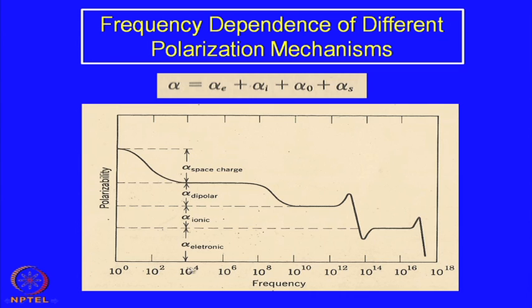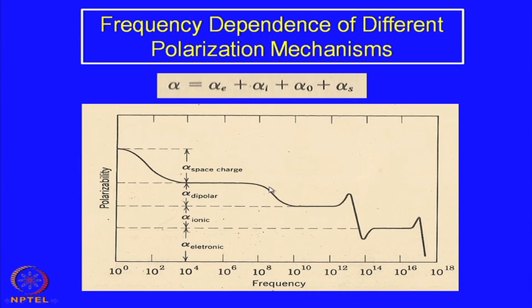Whereas, once one increases the frequency slightly, then there will be a plateau, and this plateau actually corresponds to the 3 remaining mechanisms. The space charge mechanism will not be operative anymore. So, the polarizability as well as the dielectric constant and polarization will reduce as a function of frequency, and 3 of them will be operative at this frequency range of around 10 kilohertz or so.